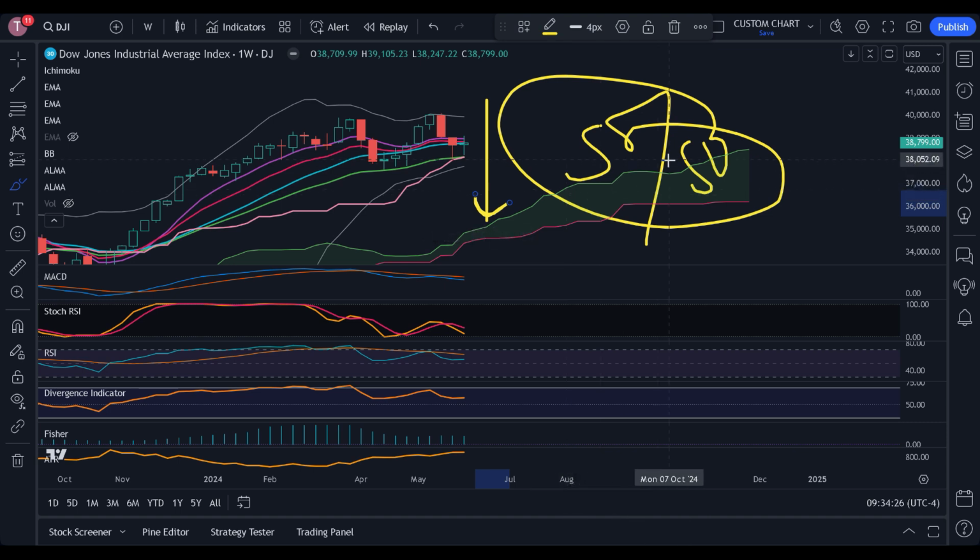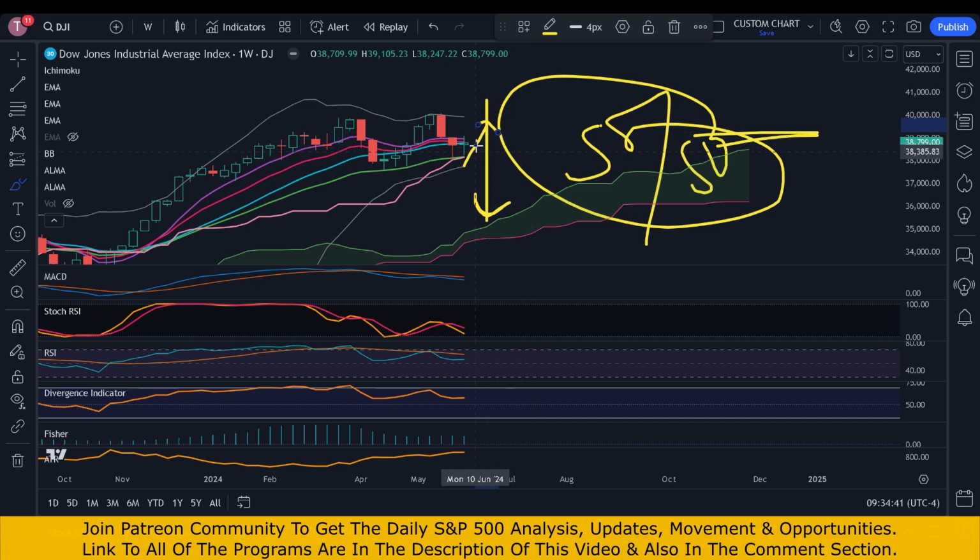This means that the pressure on the market will remain as is, and any bullish movement will face resistance or restriction, and is expected to be limited. But once the Dow Jones clears these moving averages on the weekly chart as well as on the daily chart, that will help the entire market to move up, because in that case it will come more into the bullish side.